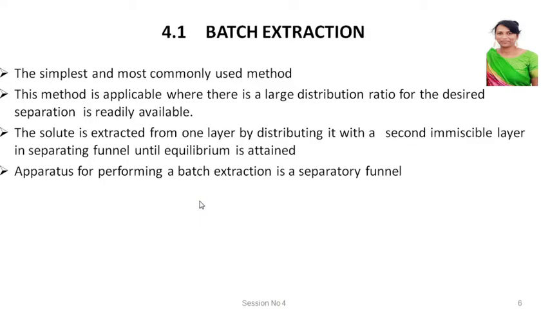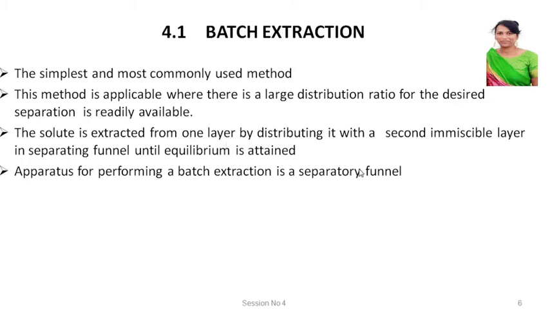What is batch extraction? It is the simplest and most commonly used method. This method is applicable where there is large distribution ratio for the desired separation. So if the distribution ratio KD is larger, then you can do batch extraction.